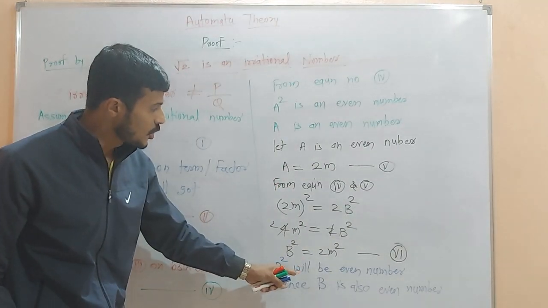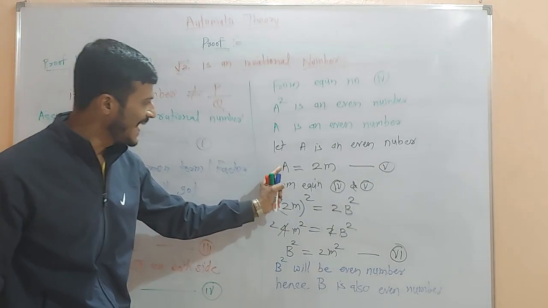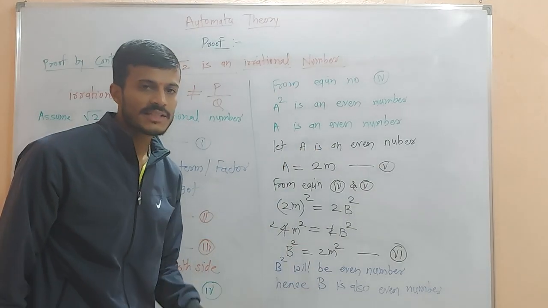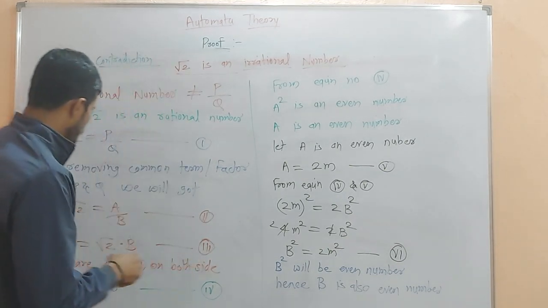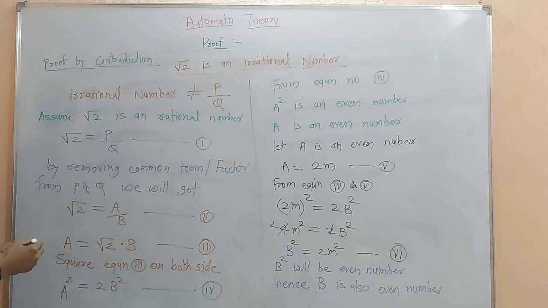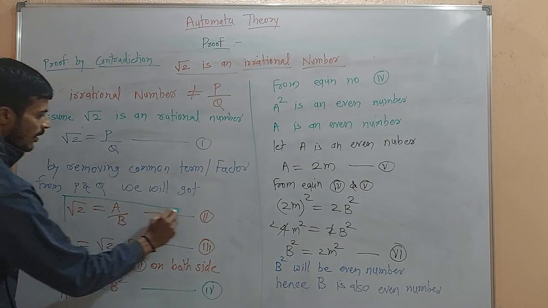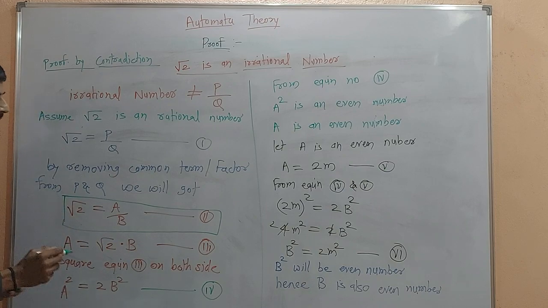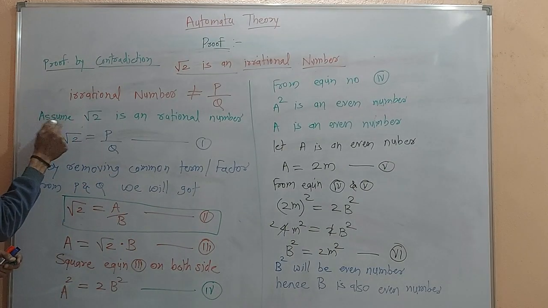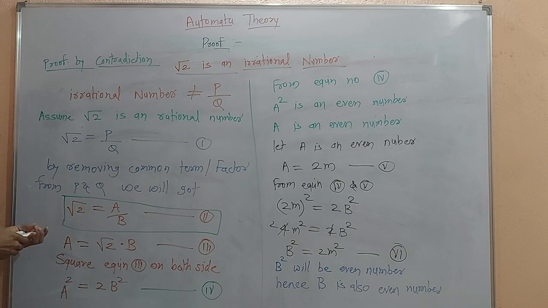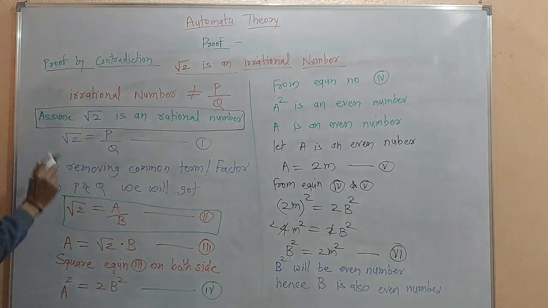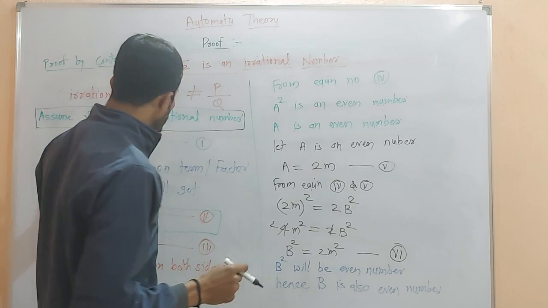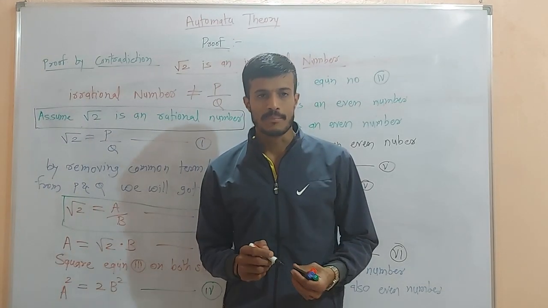But after solving the example, we got a as an even number and b as an even number, meaning a and b have a common factor of 2, which is false. So the assumption we made becomes false. Hence, root 2 as a rational number becomes a contradiction. So finally you can say that root 2 is an irrational number.